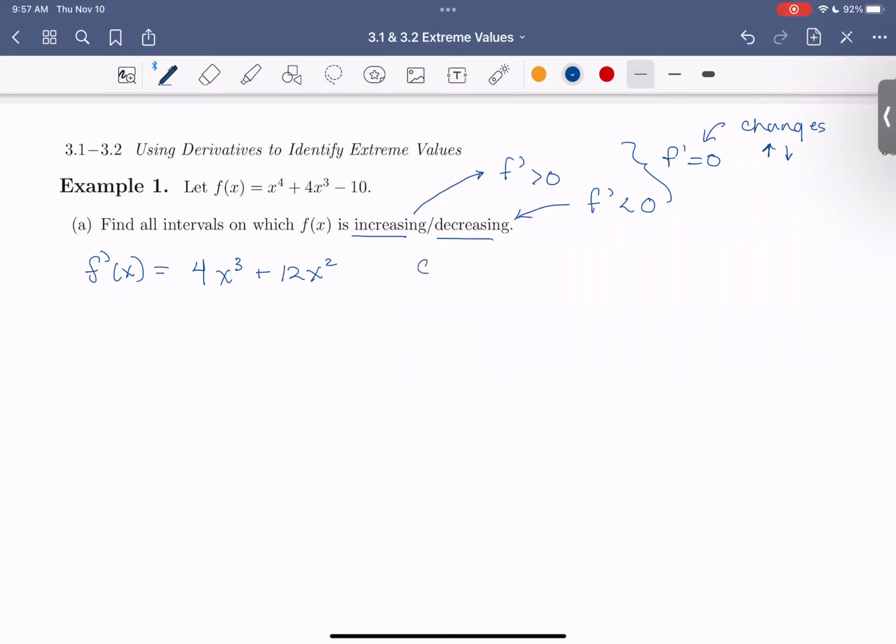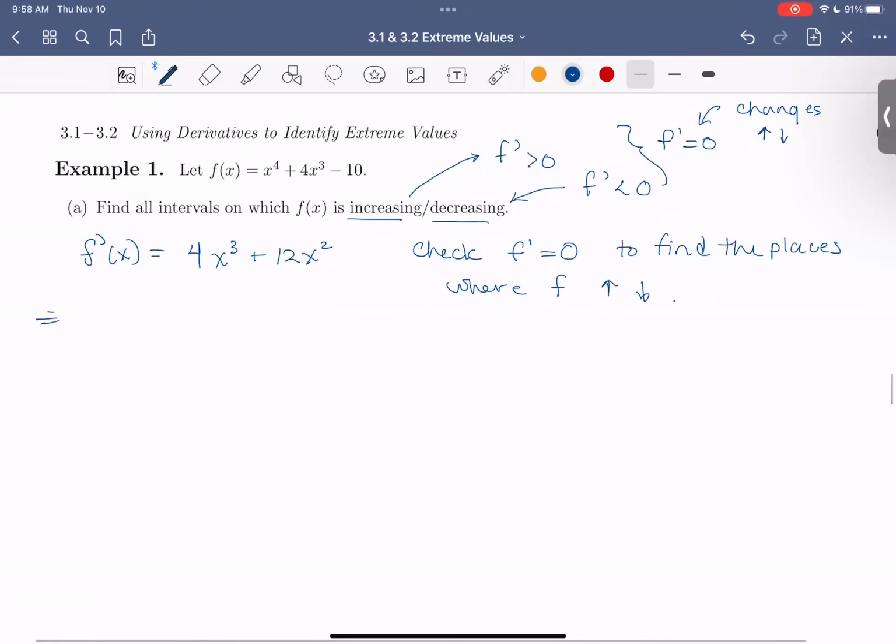Now we need to check where the derivative is equal to 0 to find the places where f changes from increasing to decreasing, or vice versa. So we need to find where f prime of x is equal to 0.